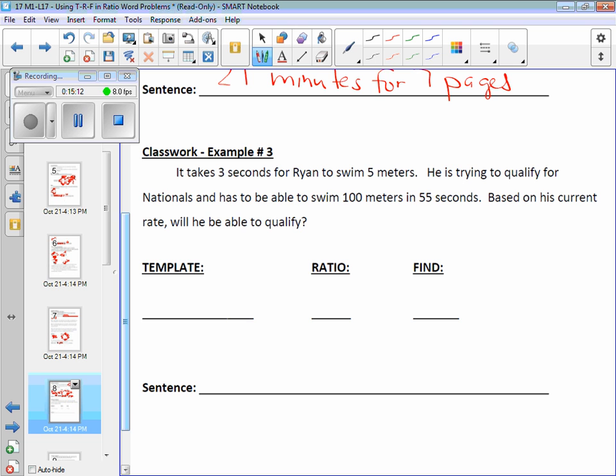What's my template? Seconds to minutes. Okay. What is my given ratio? Yes.